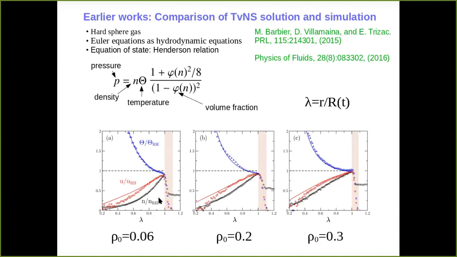They plotted for three ambient densities. The ambient density rho naught is the density of all the particles which are at rest. At low to medium ambient density, they found more or less good agreement between the TVNA solution, the solid line, and the microscopic simulation, the points, for the three fields: temperature, momentum, and density.